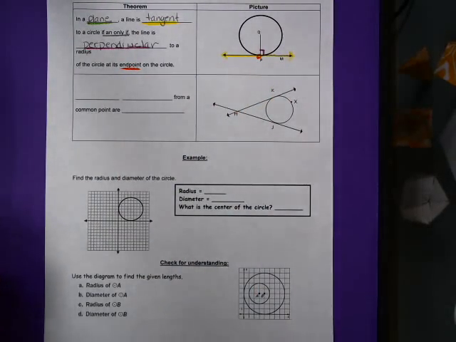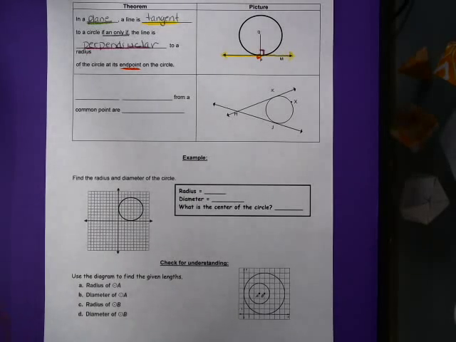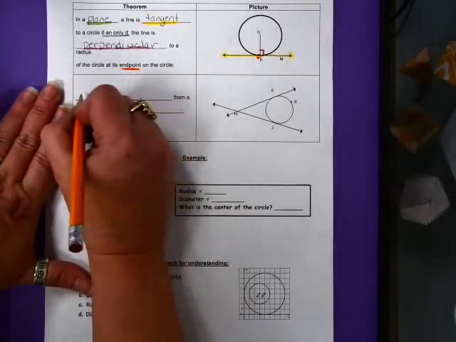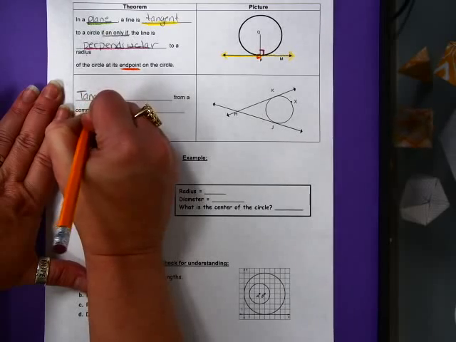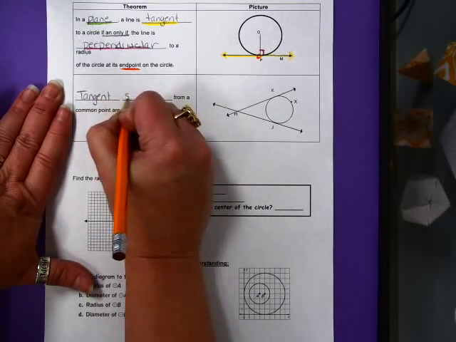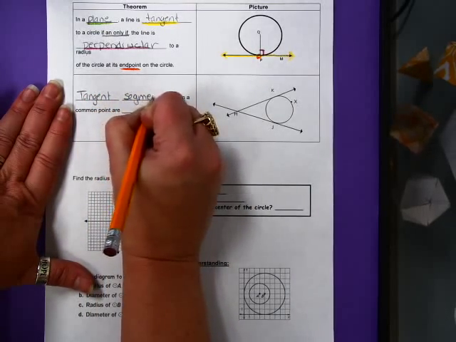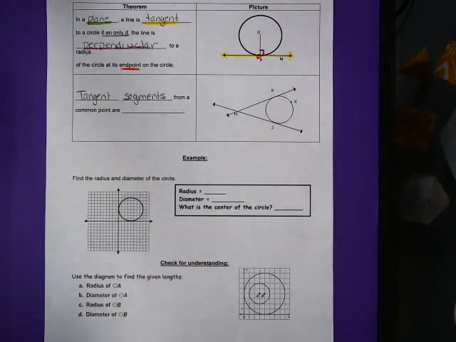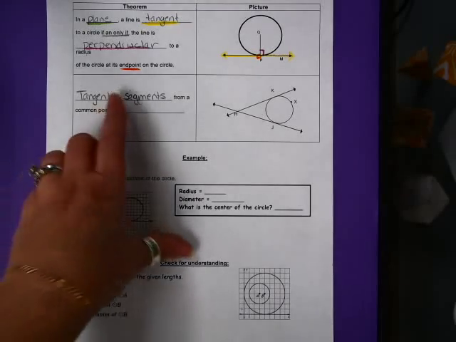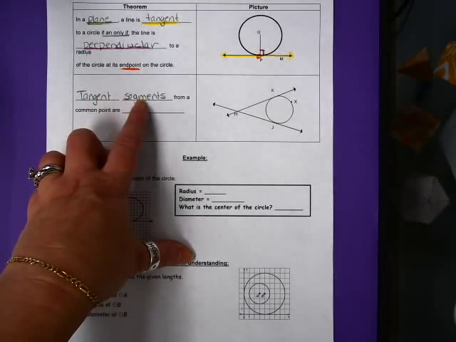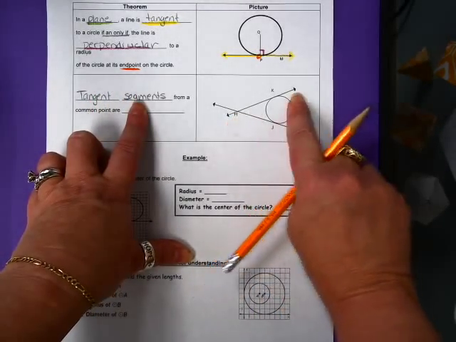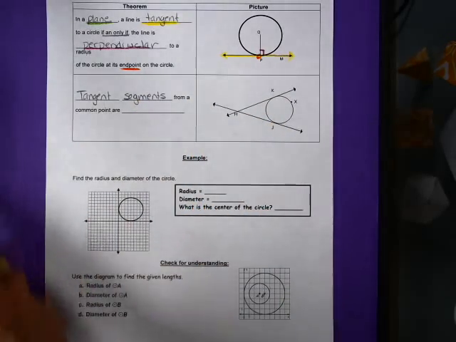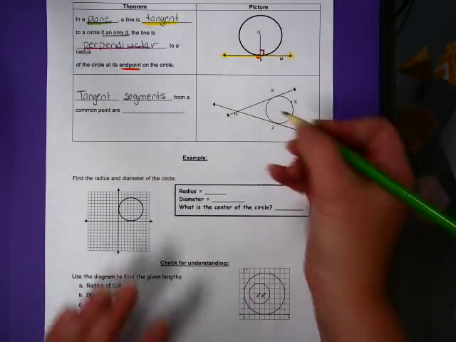All right, next. The next theorem says tangent segments. Now we've been introduced to tangents as lines, but now we're talking about the concept of the tangent being a segment. So if you notice here, I have these lines, but I'm going to highlight the section that is the segment that we're talking about.